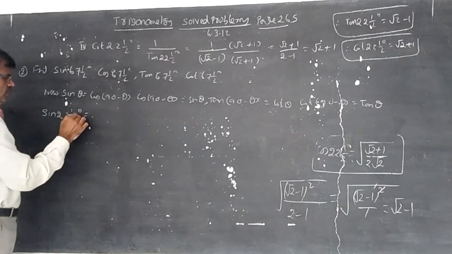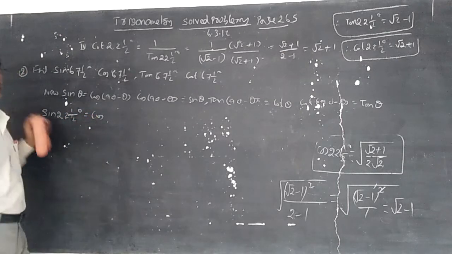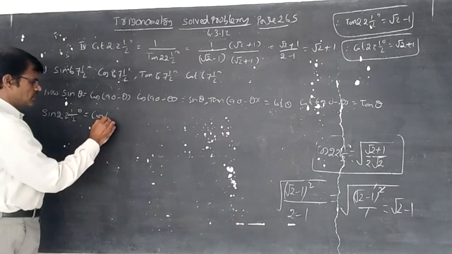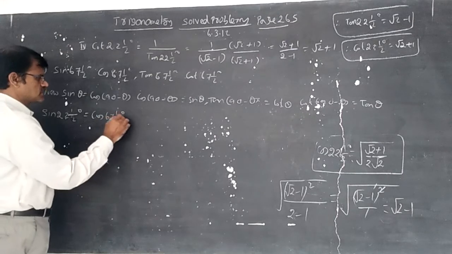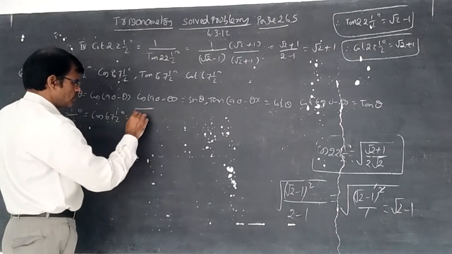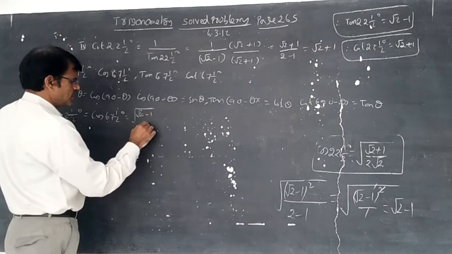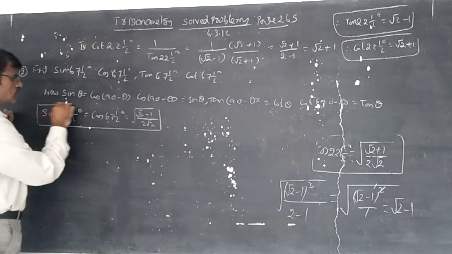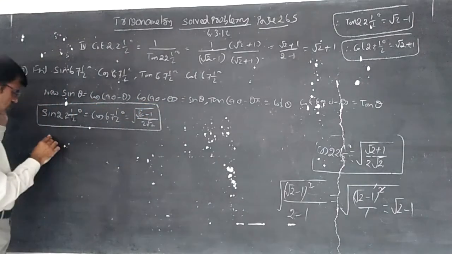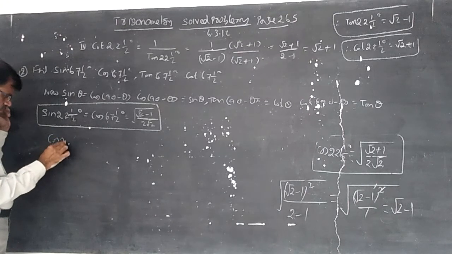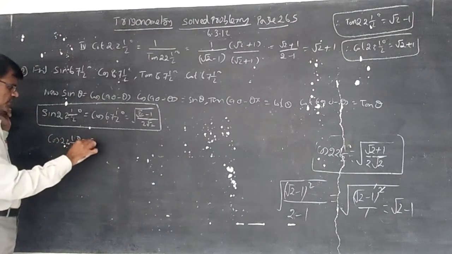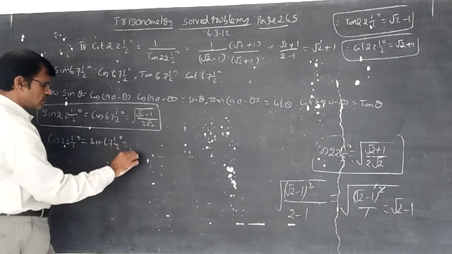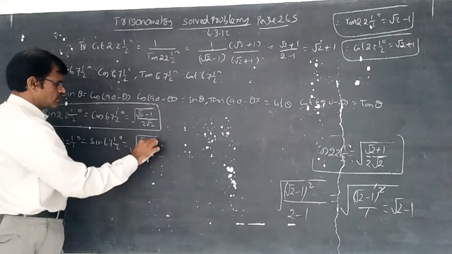Sin 22½ degree is equal to, you can understand, sin of (90 minus 67½). Sin of (90 minus theta) is cos theta. So sin 22½ degree is equal to cos 67½, that is root of (root 2 minus 1) by 2. Next one, cos 22½ degrees is equal to sin 67½, that is equal to root of (root 2 plus 1) by 2.